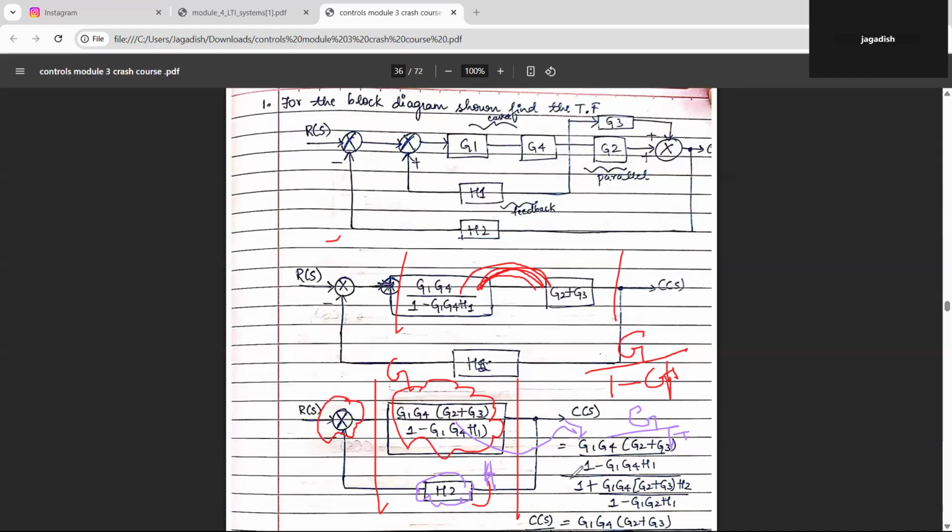Based on the condition, whatever assumption you have taken, you use that: divided by 1 plus GH. What is H here? H2. That I will be writing over here. Transfer function is C of S divided by R of S. So that you have to obtain.